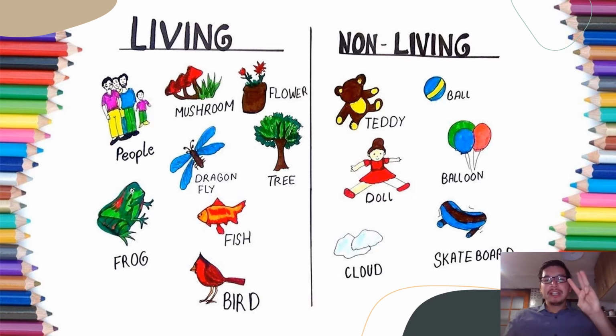Living things need water, air, and food. Those are the three important elements they need to stay alive. Living things like animals, plants, and people need that. On the other hand, non-living things, all the examples that we can see here, they don't need that.